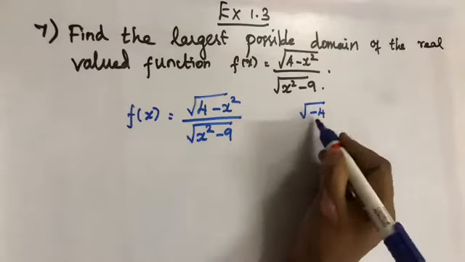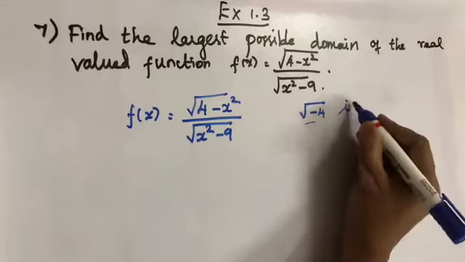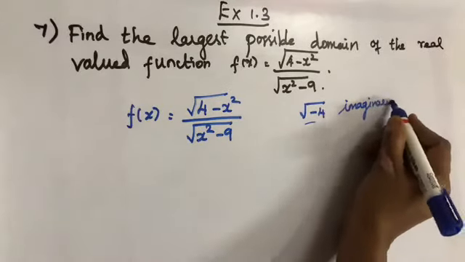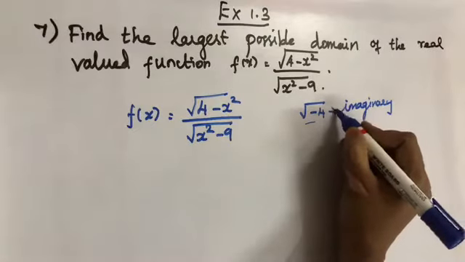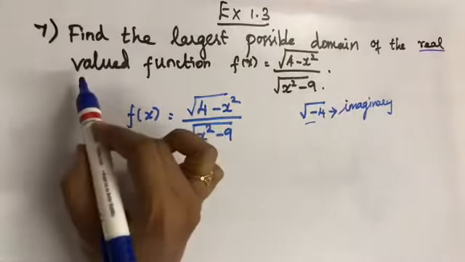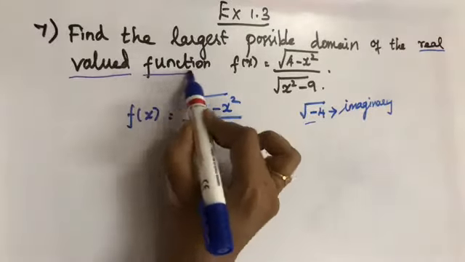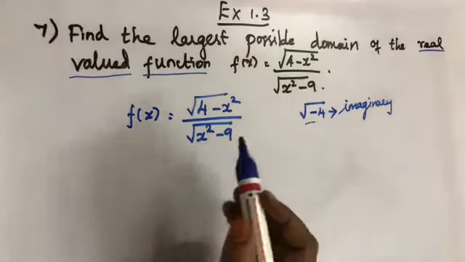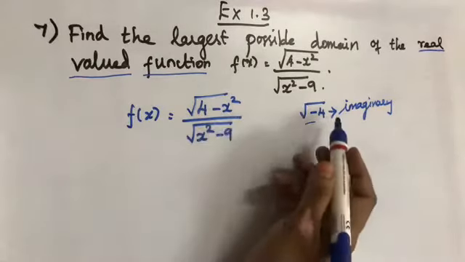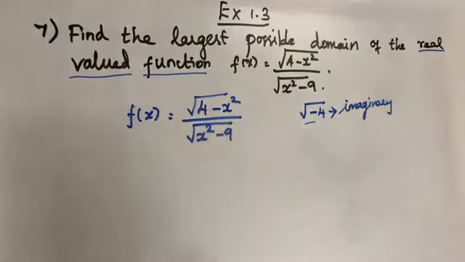So it is considered an imaginary value. But here we are studying the real valued function, which consists of only real numbers. So negative numbers should not come, and the denominator should not be 0.